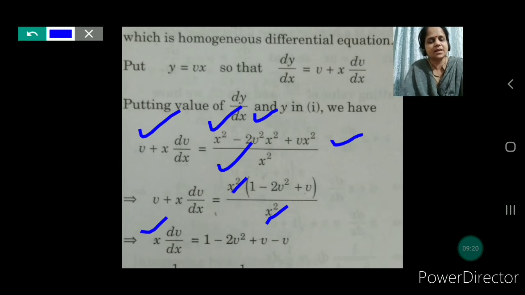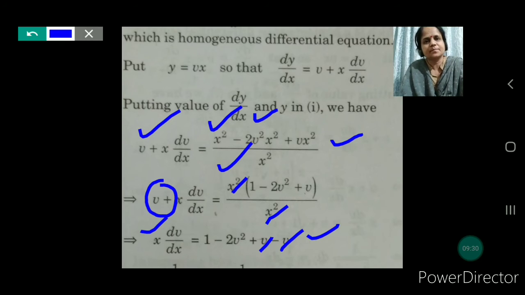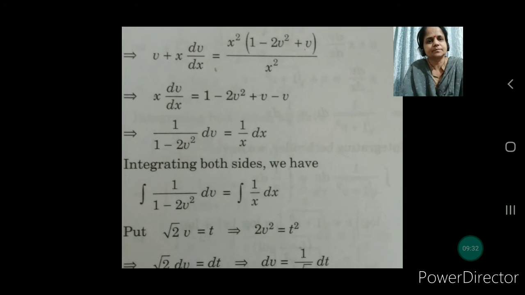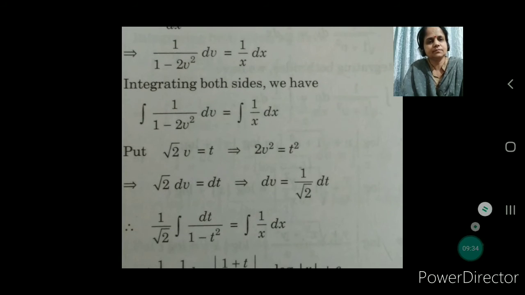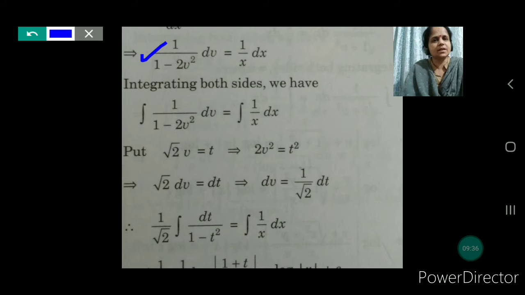You will get x dv by dx is equal to 1 minus 2v square plus v, and transfer this v, it is minus v. Now v and v will cancel. So you will get 1 upon 1 minus 2v square dv is equal to 1 upon x dx.